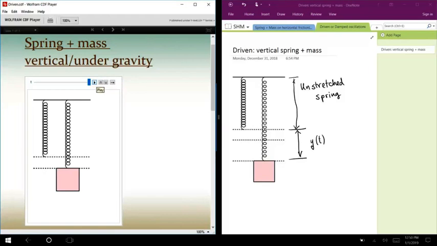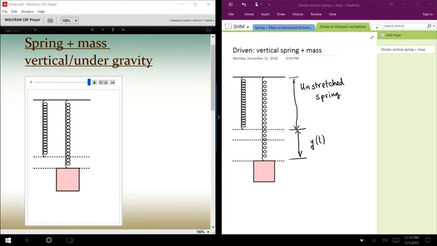That's because there is a force of gravity that's pulling down on the block. So in the equilibrium condition, the force of gravity must balance the spring force that is acting on the block, and these two have to be in opposite directions and have to be equal to each other in order for the block to come to equilibrium.